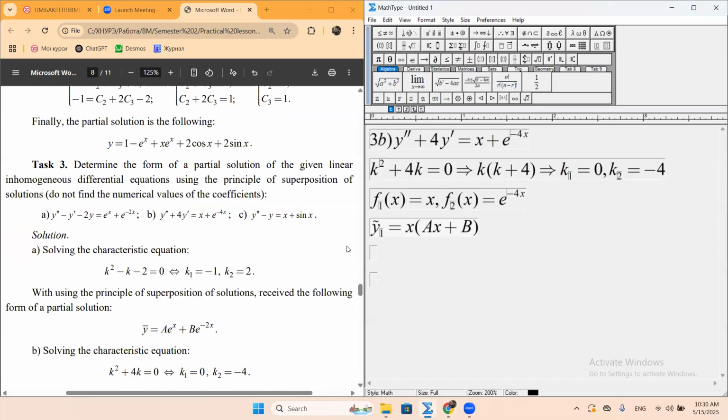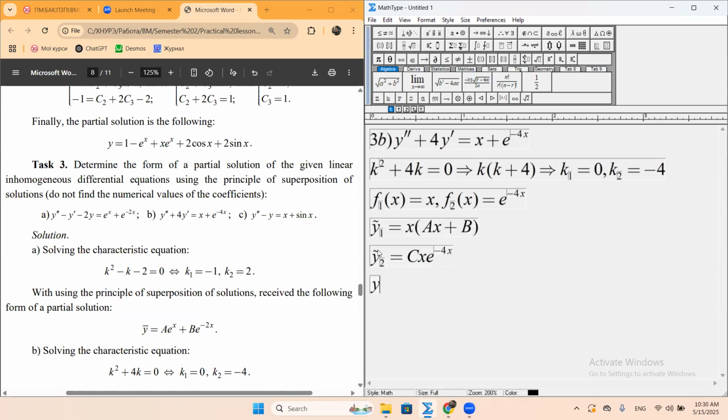And y2 partial will be equal to, let's write down c, cx e to the power of -4x.